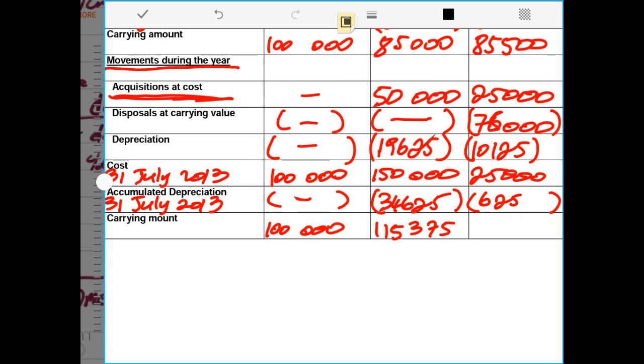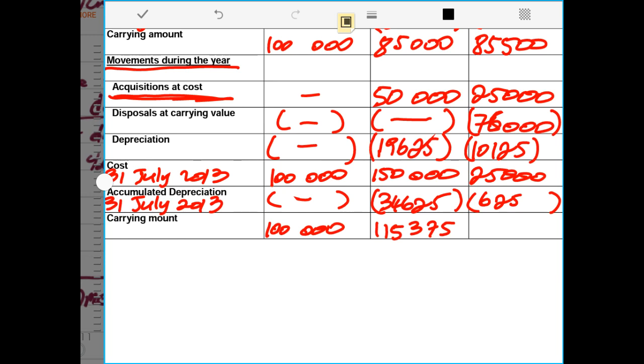Then after, at the end of the period, we will have to record the carrying amount for this asset. Then we have to say 25,000 rands minus 625.